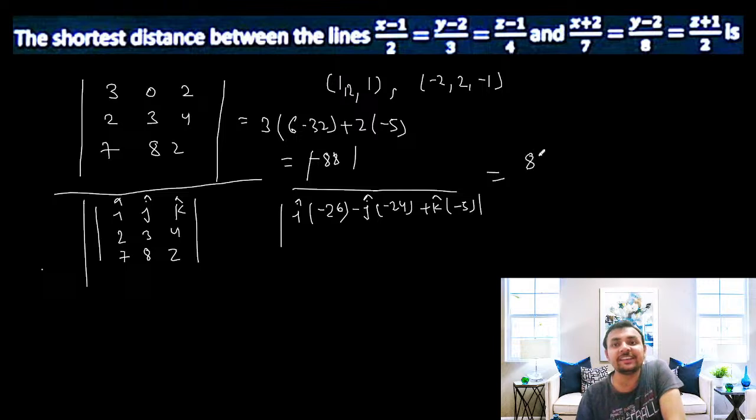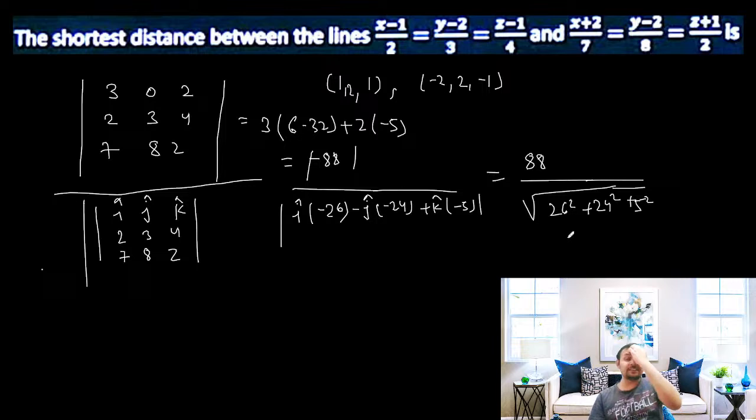So it is 88 upon root of 26 whole square, 24 whole square plus 5 whole square. Now the difficulty is in calculation, isn't it?